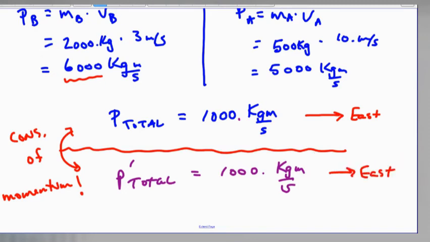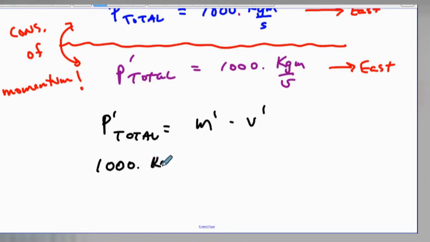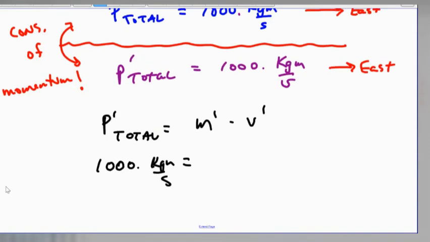So we can say our total momentum after the collision is equal to the mass after the collision multiplied by the velocity after the collision. We know this is 1,000 kilogram meters per second. Our mass is going to be 2,500 kilograms, multiplied by whatever that velocity is.